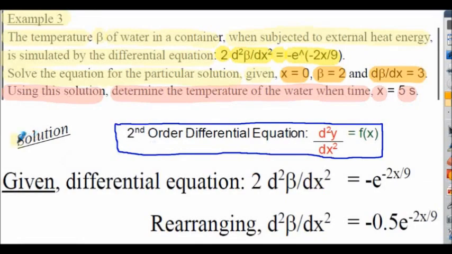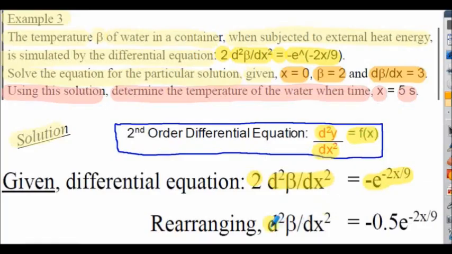So let's consider the solution of this second order differential equation. Again it's of the form d2y by dx squared equals a function of x. Just note as it's given in the form of 2 multiplied by d2 beta by dx squared equals negative e to the negative 2x upon 9, I'm just going to divide both sides by 2.